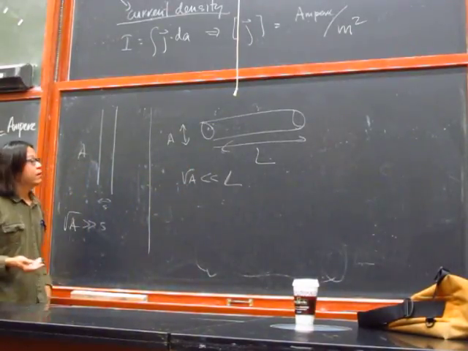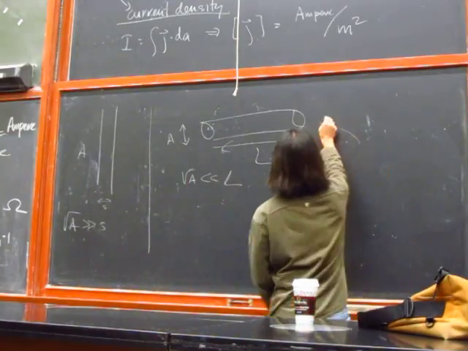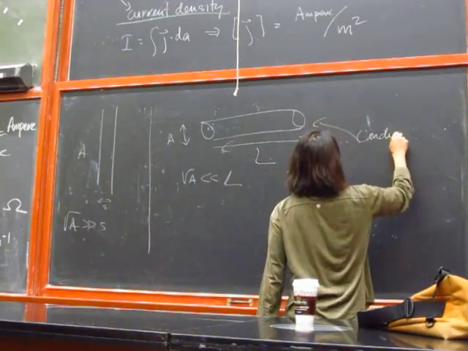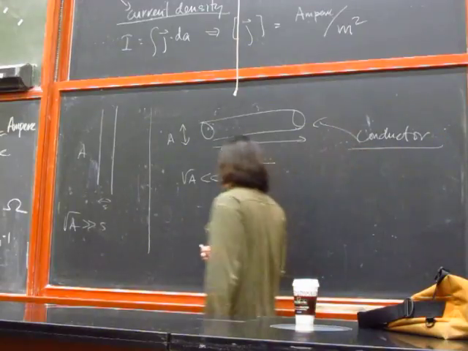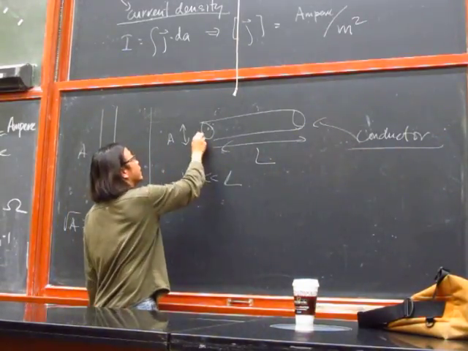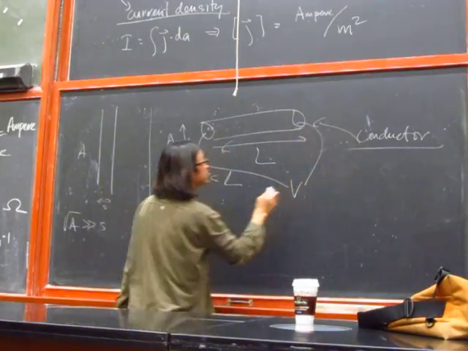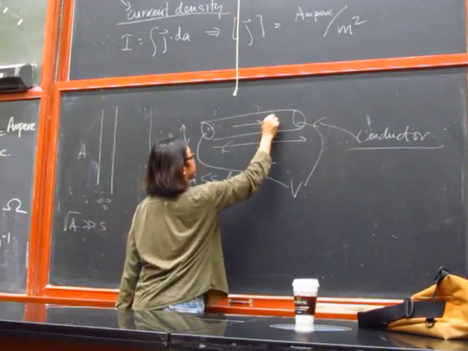Say a piece of wire. So this is a conductor. As you establish a potential difference, then you have an electric field in here.